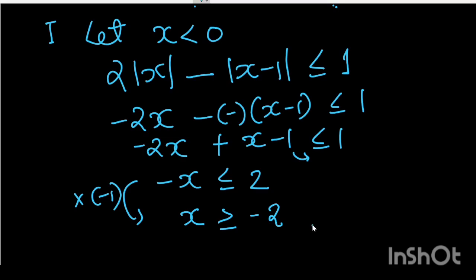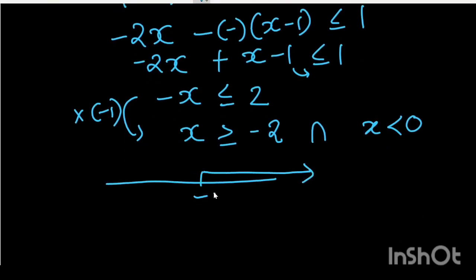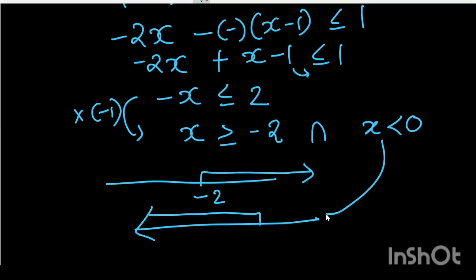Now once we obtain this, we will take the intersection with what we initially assumed, which was x less than 0. So x less than 0 is this, and x greater than or equal to -2 is this, guys.